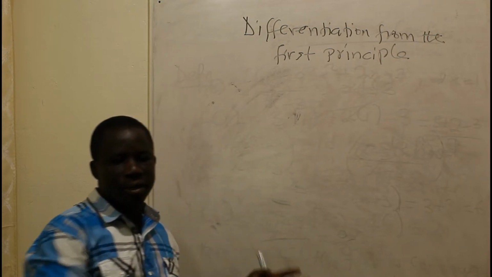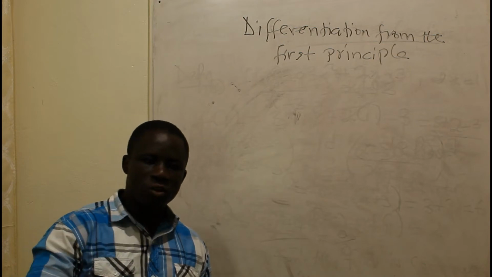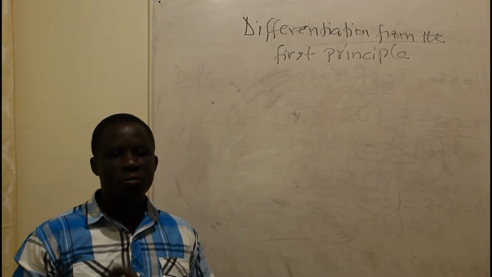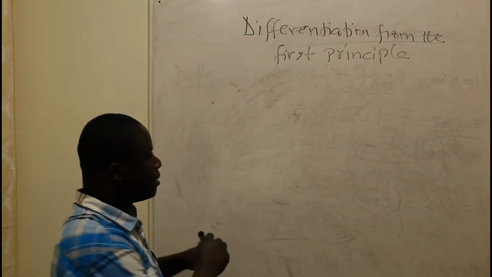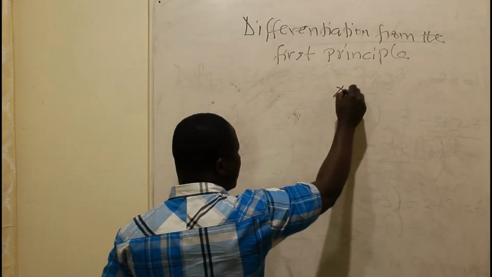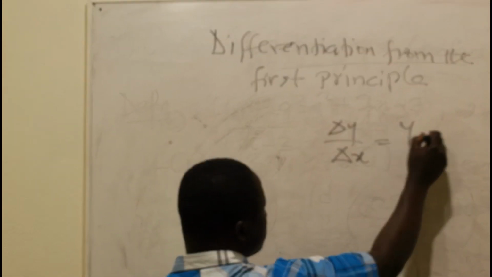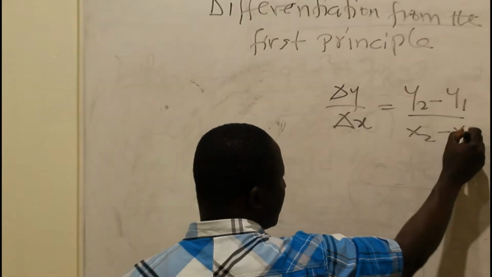We say differentiating from the first principle because in our coordinate geometry at the lower level, we consider how to find the slope of a straight line, that is changing y over changing x, which is y2 minus y1 divided by x2 minus x1.